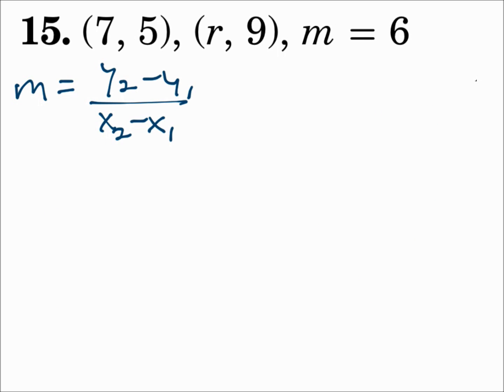Number 15. Let's substitute the values in and then solve. M is 6 equals y2 is 9, that's the second y, minus y1 is 5, that's the first y, all over x2 is r, that's the second x, minus x1 is 7, that's the first x.